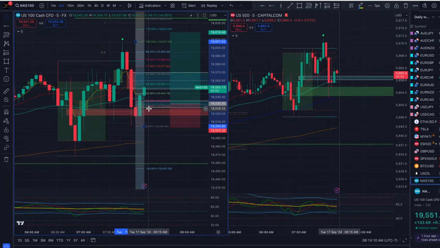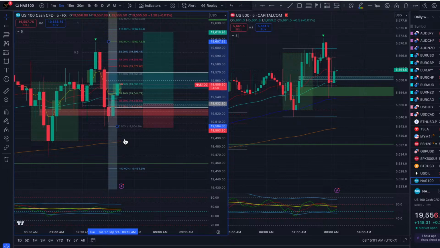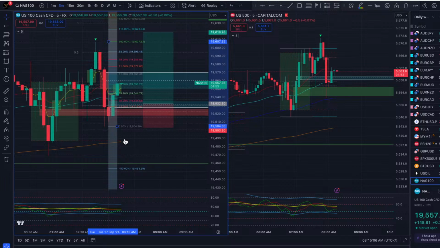We don't want to spend too much time in this fair value gap. Just got to make it up to 71%.